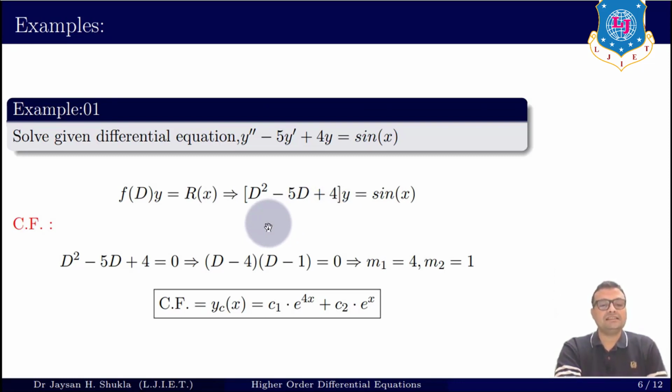Now, let us consider auxiliary equation for complementary function. So, I am taking f of D equals 0. Factorizing it will give you two roots, 4 and 1. So, it is case of real and distinct roots. So, I am taking c1 e raised to 4x plus c2 e raised to x.